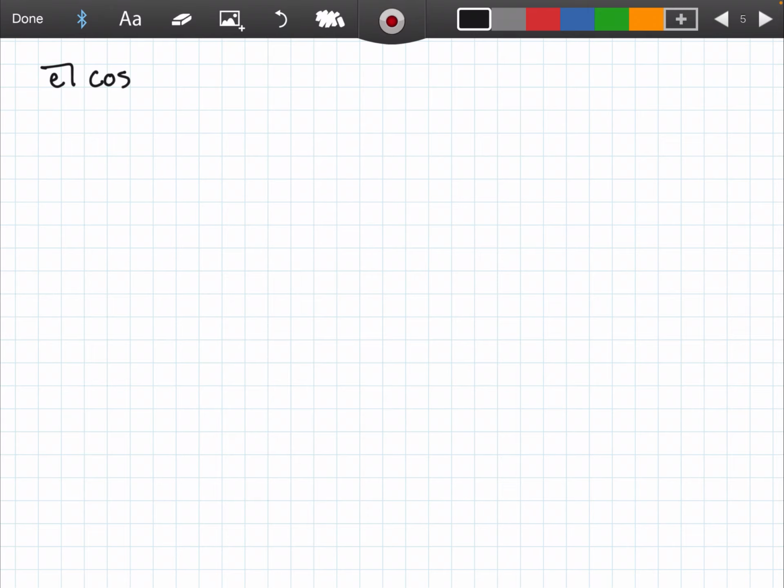I think just seeing the examples becomes very helpful. Okay, cosine over secant. It's like cosine theta over 1 times 1 over secant. The reciprocal of secant is cosine.